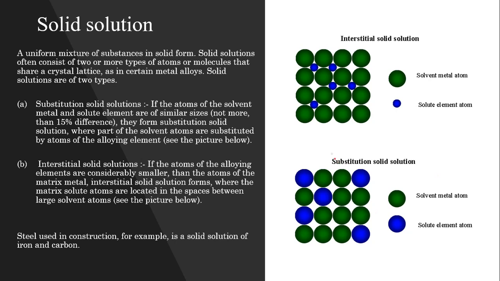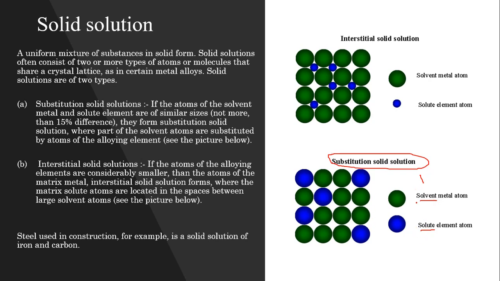As you can see in this example, this is a substitutional solid. Here you can see the solvent metal atom and the solute metal atom. The solvent is your basic metal atom, and the solute is your minor metal. This is a major metal, and this is a minor metal.